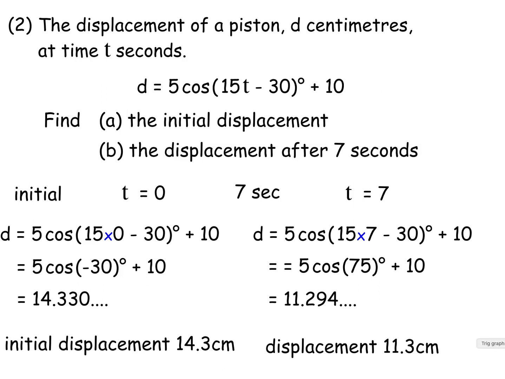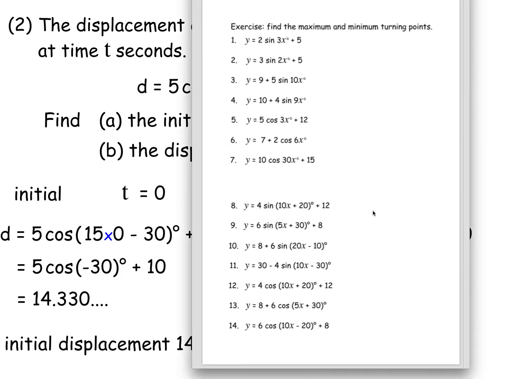For this video, where you did maximum minimum values, which just means looking at the function and seeing it as a sine, making the angle 90 and 270. So that 3x, it's not bracketed here, that 3x is to become 90 and become 270, and you work out the values.